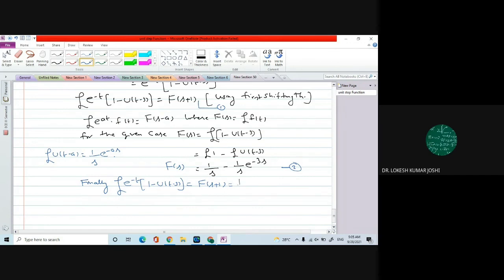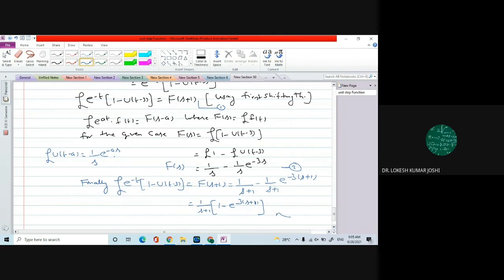Therefore, the final answer will be 1 upon s plus 1 minus 1 upon s plus 1 e to the power minus 3(s plus 1), or we can write it as 1 upon s plus 1 times (1 minus e to the power minus 3(s plus 1)). This is the answer.